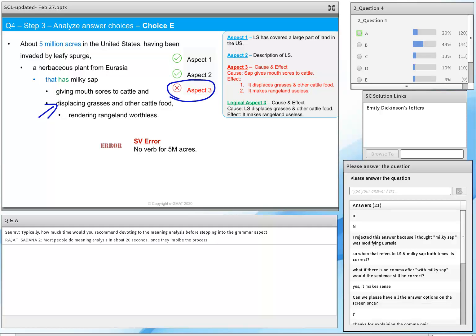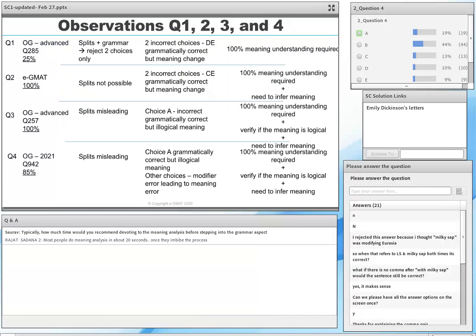The relationship between milky sap and displacing just does not stand, because it is not the milky sap that displaces grasses. It's the leafy spurge that displaces grasses, and hence this part also gets invalidated in the context of the sentence. So choice E is also incorrect.